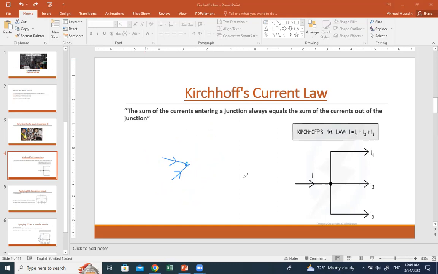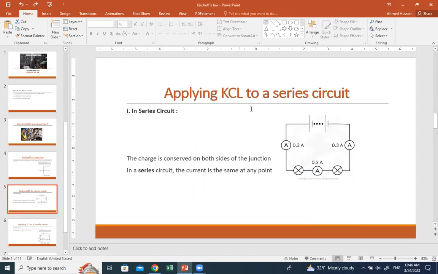how we can apply this law to different circuits. Firstly, the simple series circuit. If we have a look at this circuit, we can see that all the components are connected in series, and this provides a unique path for the electrons.